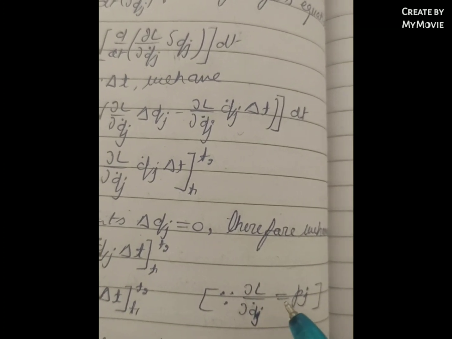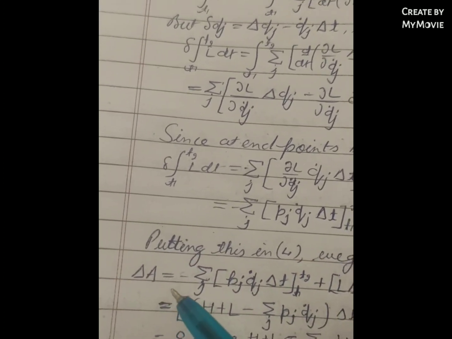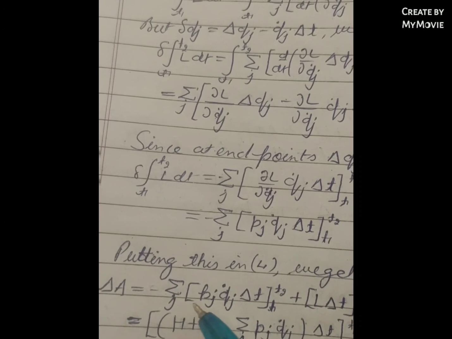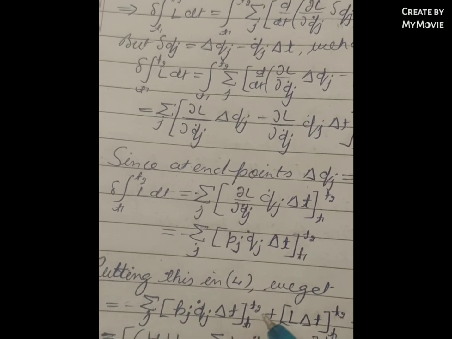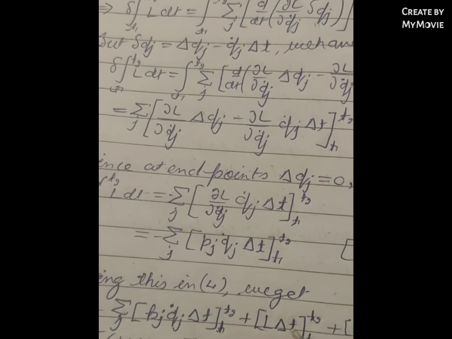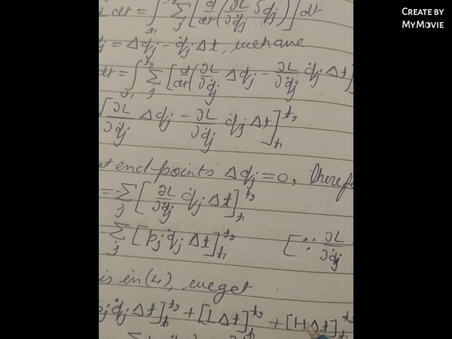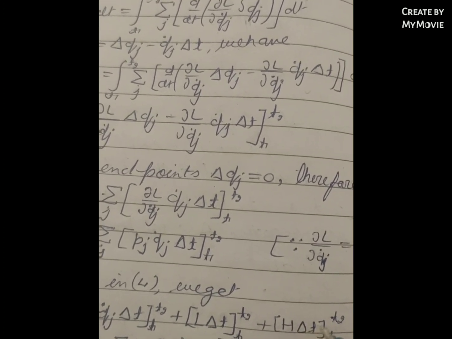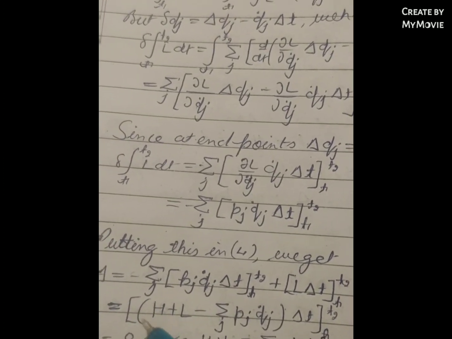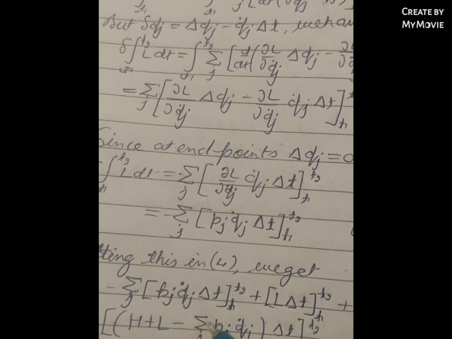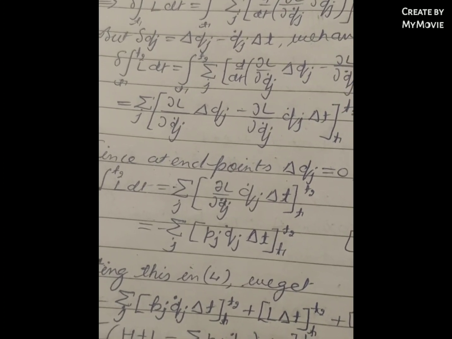because del L upon del qj dot is equal to pj. Putting this in 4 we get delta A is equal to minus sigma j [pj qj dot delta t] from t1 to t2 plus [L delta t] from t1 to t2 plus [h delta t] from t1 to t2, which is equal to [(h plus L minus sigma j pj qj dot) delta t] from t1 to t2.